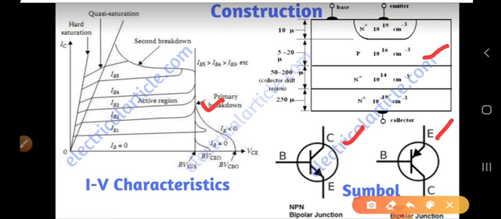We know there are a total of 3 terminals, called the collector, emitter and base. We are going to apply a voltage to 2 terminals of the BJT, the collector and emitter. Voltage across collector and emitter is mentioned as VCE.